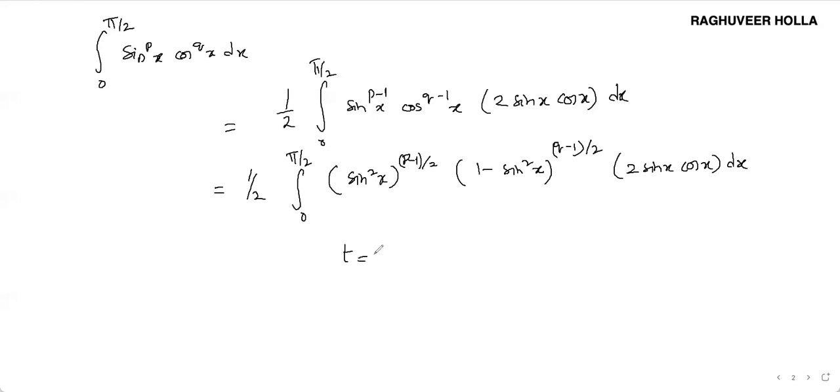So t is equal to sine square x, dt is 2 sine x cos x dx, and t varies from 0 to 1. Let us substitute it.